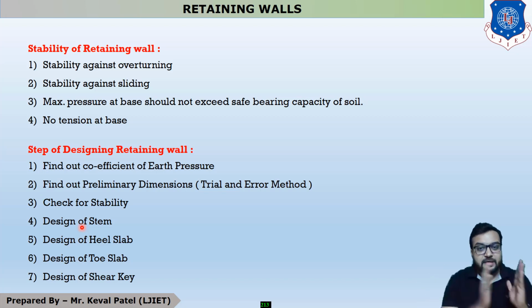Our next step is design of toe slab. So our toe is on the opposite side of the backfill. And our last step is design of shear key. So what is the function of shear key? The function of shear key is to prevent the retaining wall from sliding.